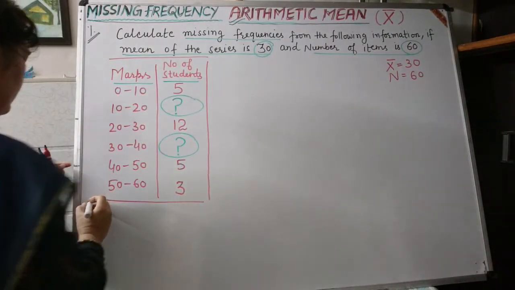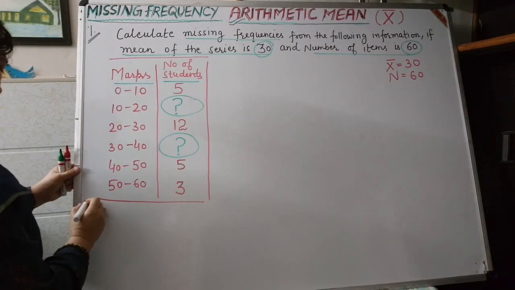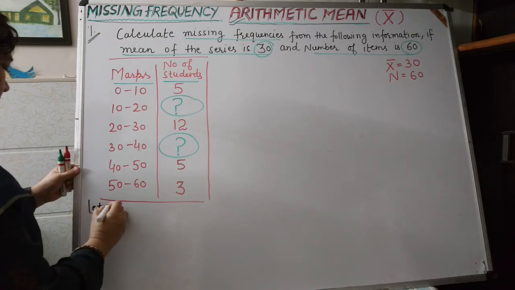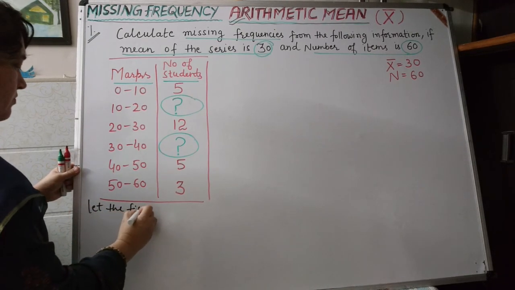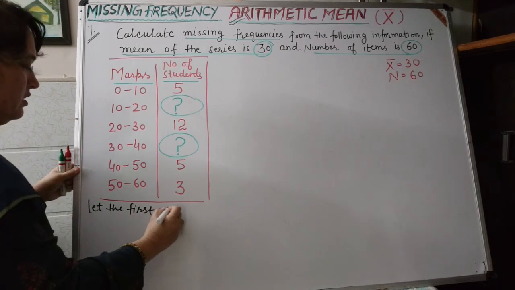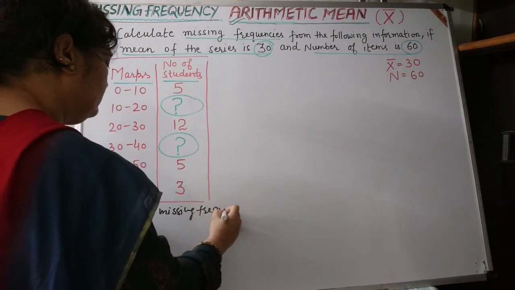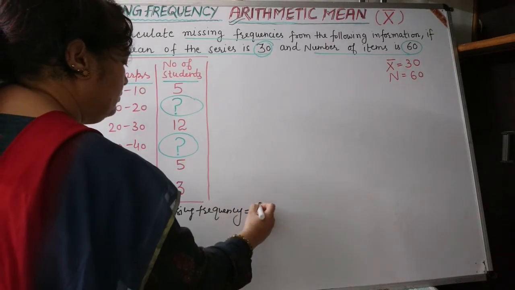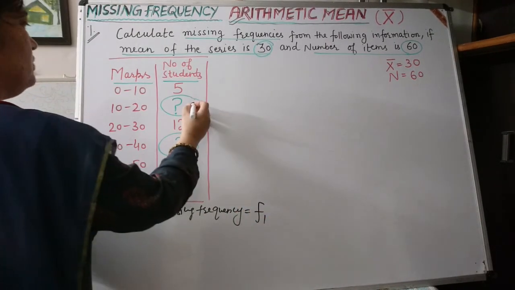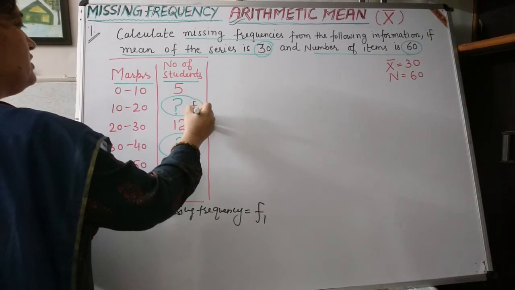Suppose that the first missing frequency is equal to F1. So I am putting F1 against it.